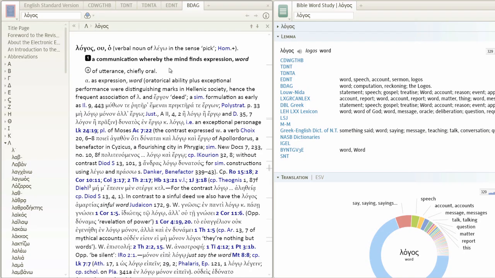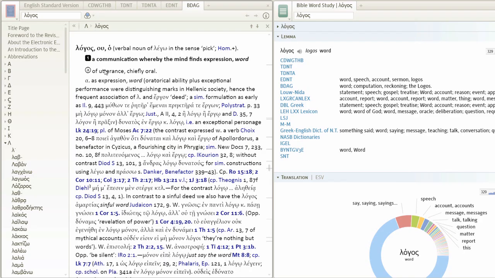Whereas the other dictionaries organize the information around historical use or organize the information in terms of occurrences and different types of literature, BDAG tries to classify the different uses of this Greek word here, logos.